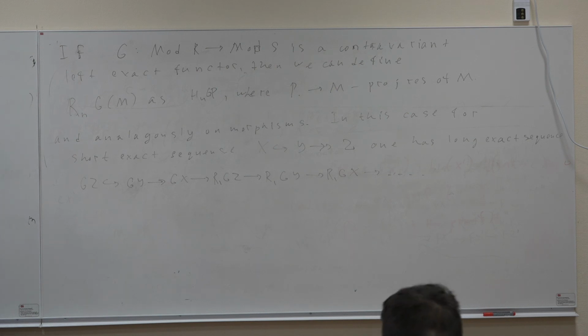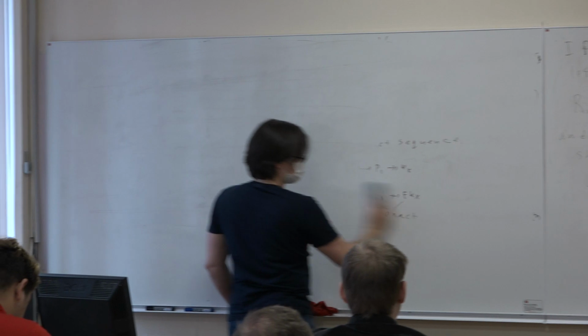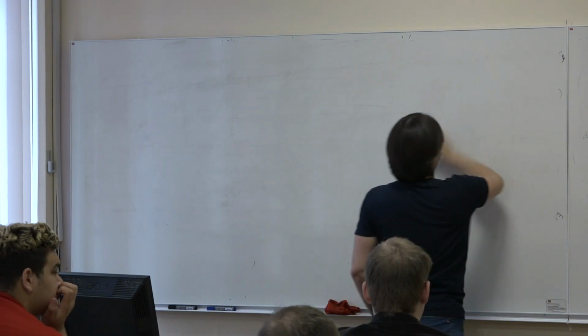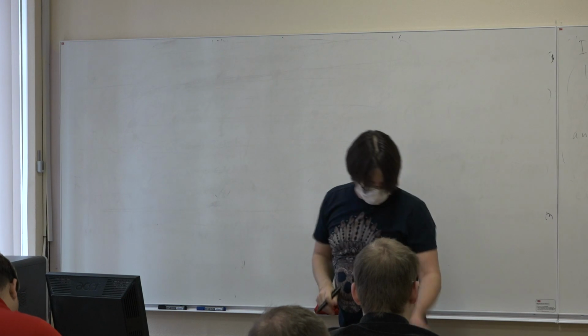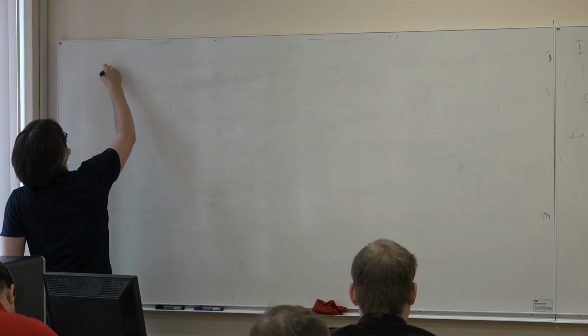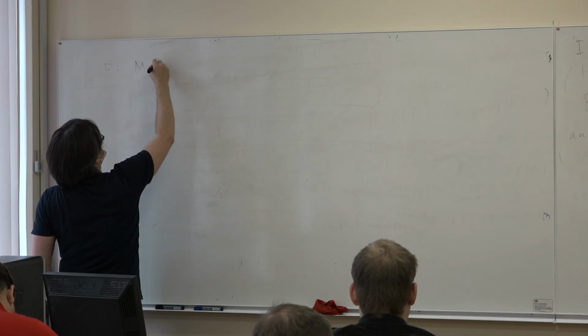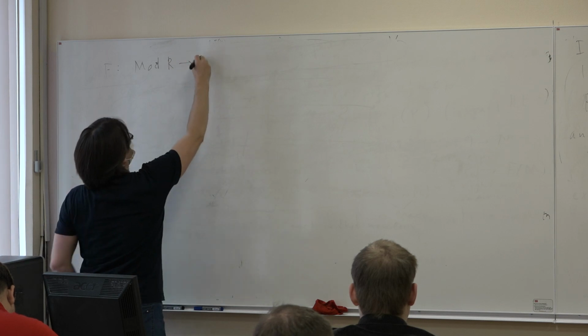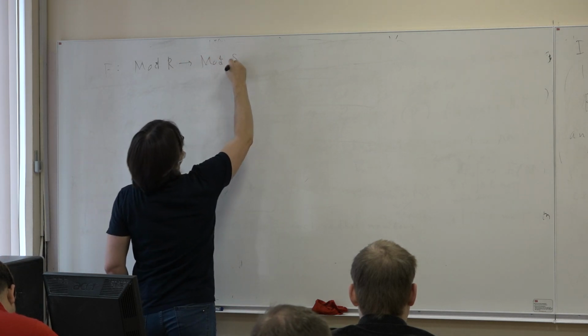Well, let us now summarize some properties of derived functors that we have proved. Let F be again a right exact functor.